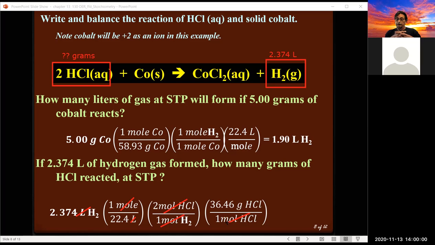Now you can plug in the numbers in the calculator, and you should end up with 7.72 grams of hydrochloric acid. If you want to make 2.374 liters of hydrogen gas at STP, you must start off with 7.72 grams of hydrochloric acid. That is what that calculation is telling you.